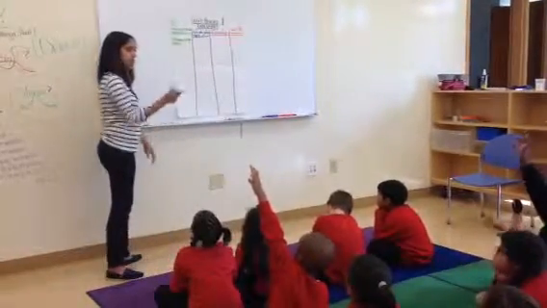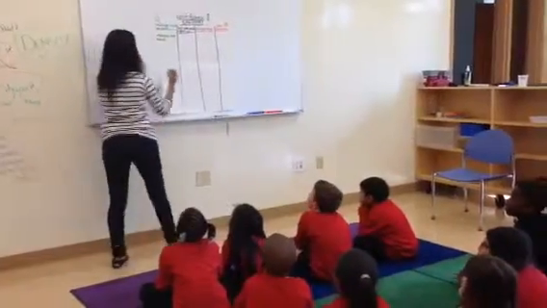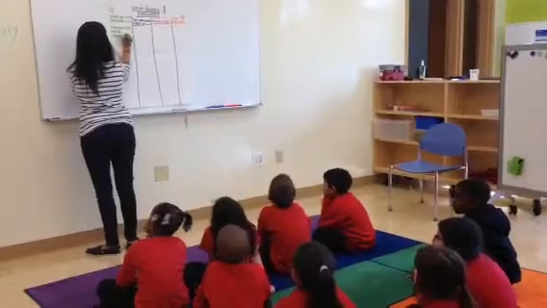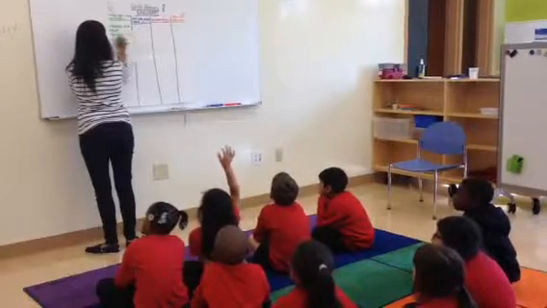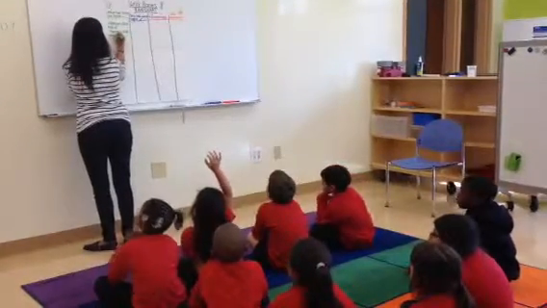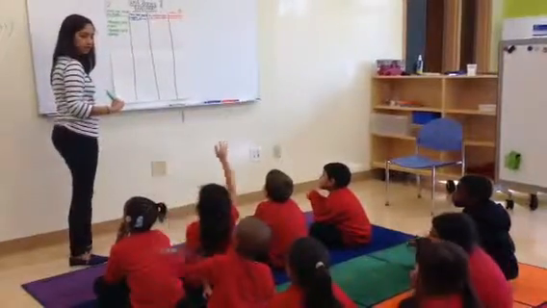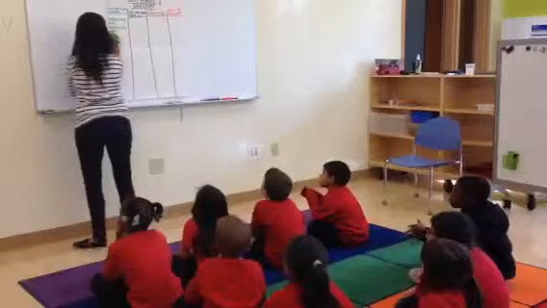What else? Jaden Green? Bones are white. Okay. McGraw? Bones are in your body. Okay, very nice.